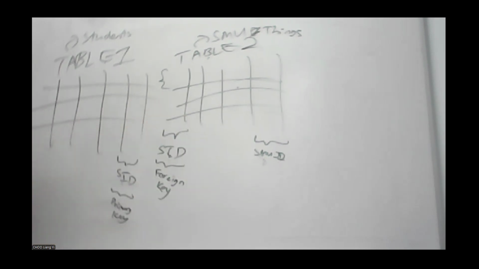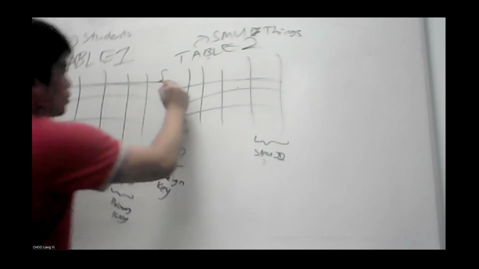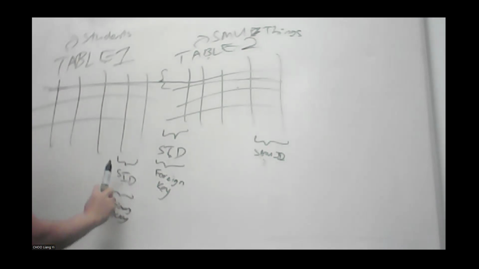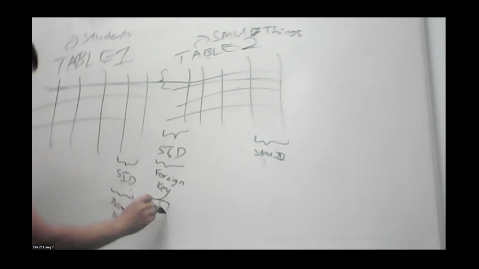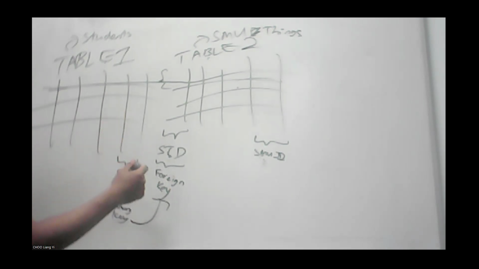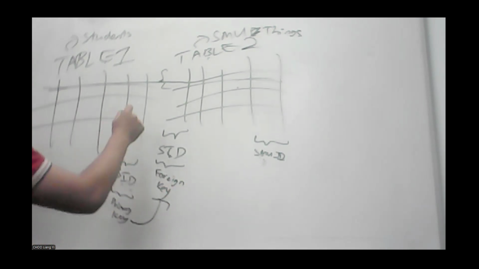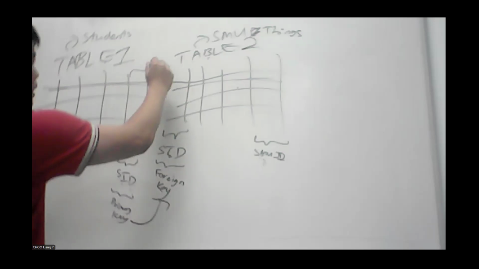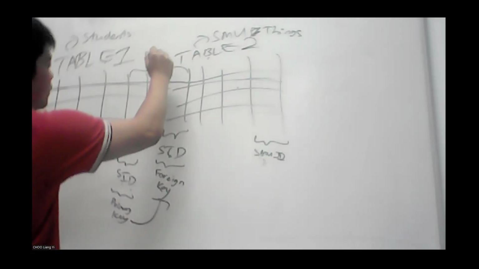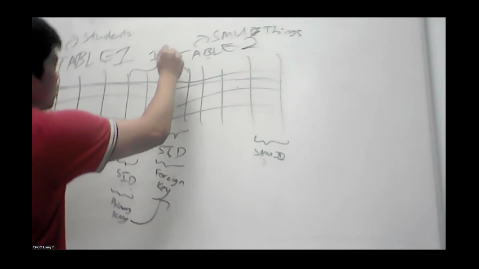So to join these two tables, not join, to combine them so that you can pull the whole thing at once, you need the same thing, primary key and foreign key, so you can join. Then this thing combines, and this thing becomes one attribute.